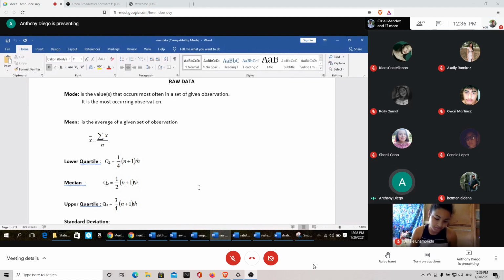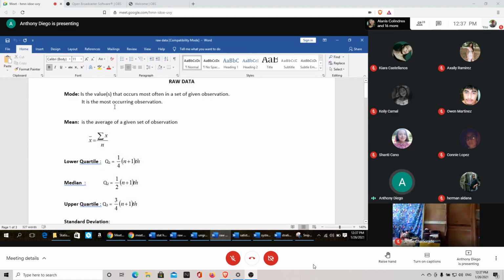Now, for our data, like I have said to you, before we do any calculation, it is best that we rearrange whatever is being given to us in numerical order or in alphabetical order, starting from the smallest to the largest. But here we are dealing with numerical data, so we're going to be starting with the smallest number to the largest number. Now you can clearly see here it says the mode is the value or values that occur most often in a set of given observations.